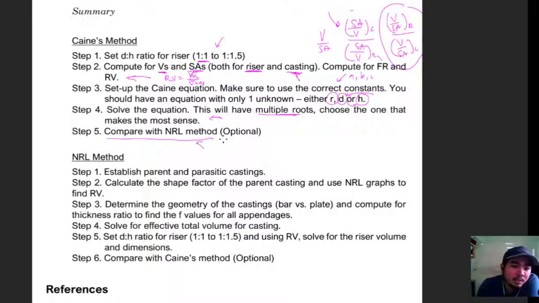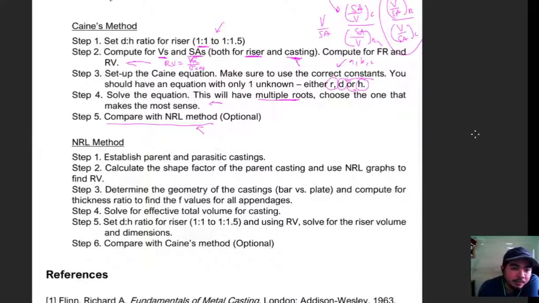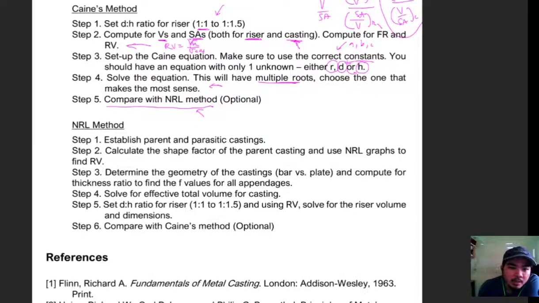You can always compare it with the NRL method, kung same ba kayo ng, or in most cases same lang naman ang nakukuha or very similar yung nakukuha ng NRL method and JB Caine. So NRL method is much simpler to use, no? So number one is you establish kung sino yung parent, sino yung parasitic. The parent will always be the tinatawag na, sometimes we call it as the hot mass, no?